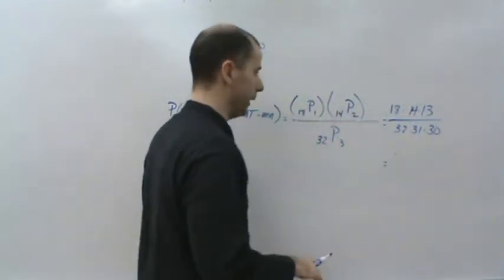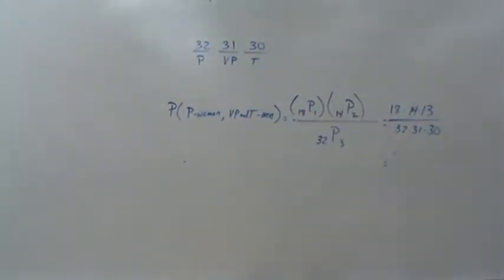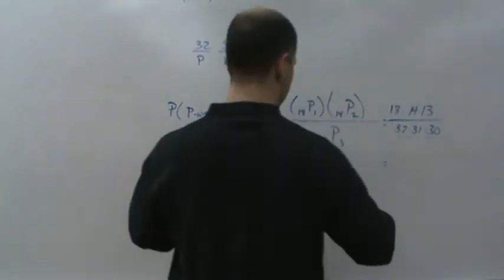And of course, if we reduce that, so let's do, so 18, 14, and 13. So 18, .110. So we get 0.110.